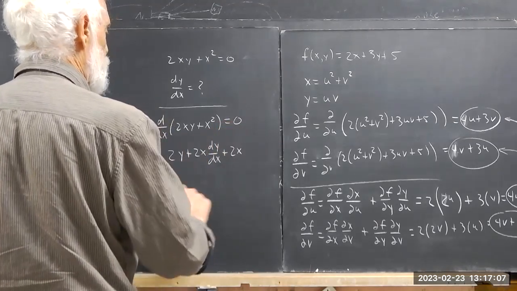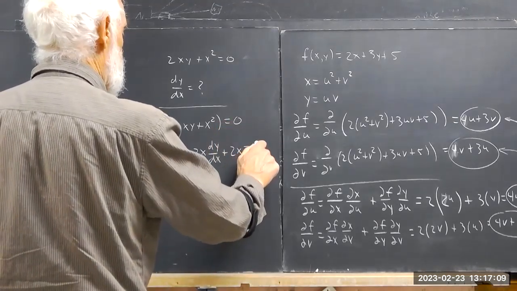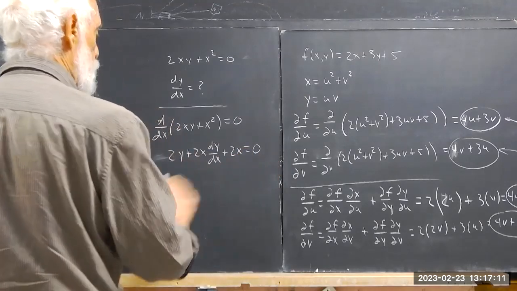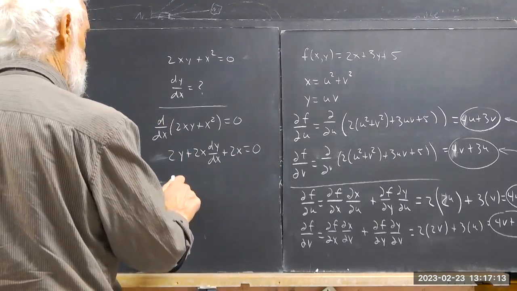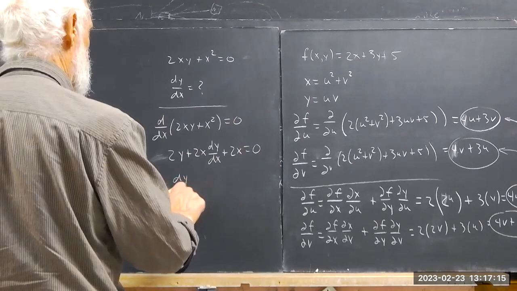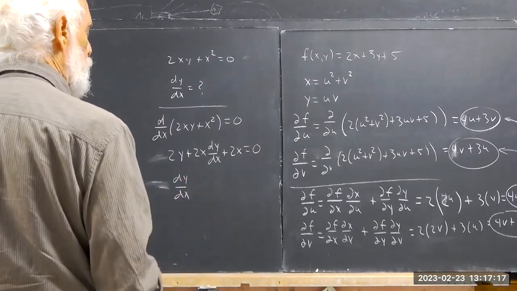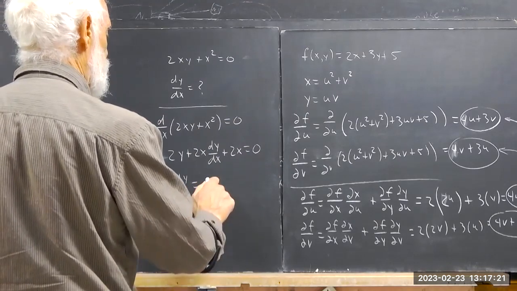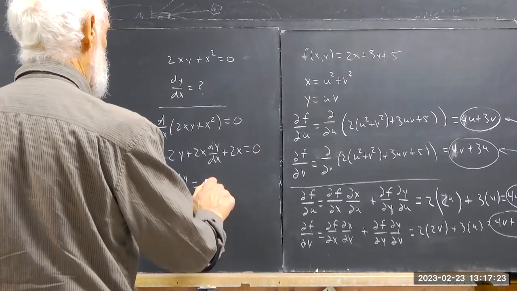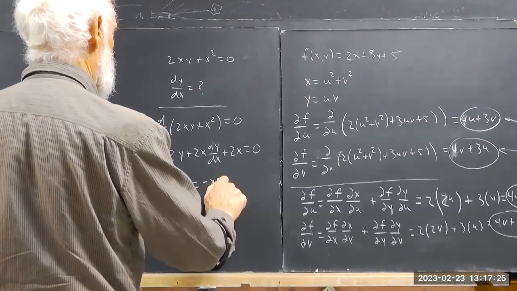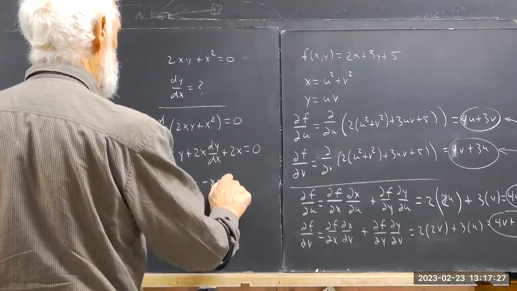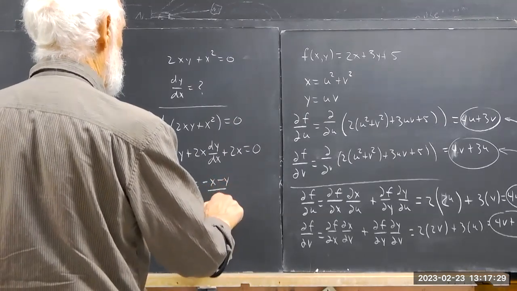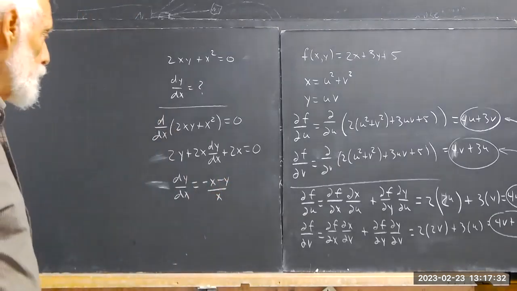Well, the derivative of this equals 0, so this equals 0. So dy dx is what? It's negative x minus y over x.